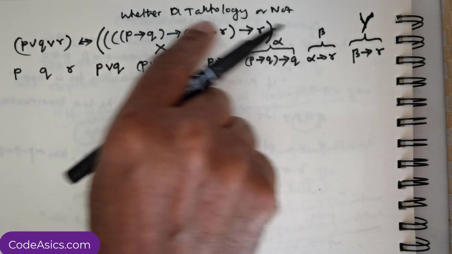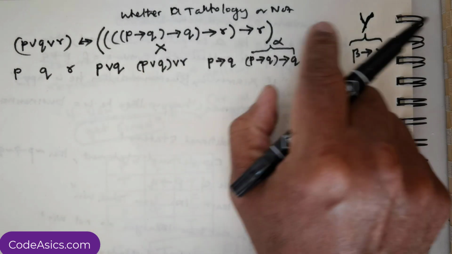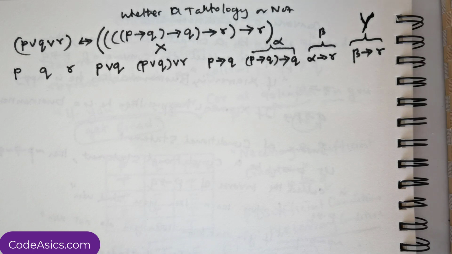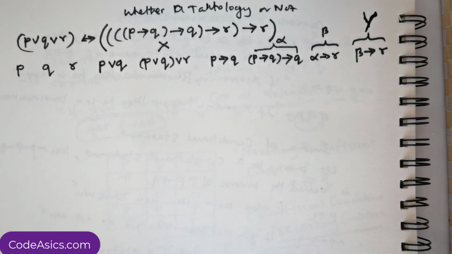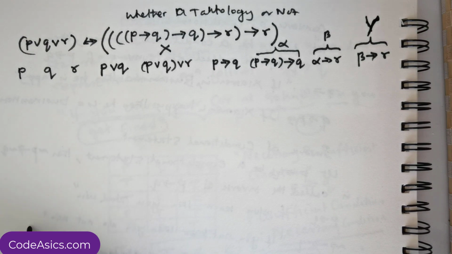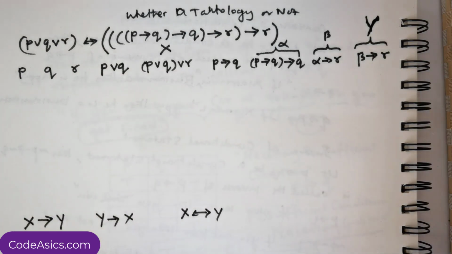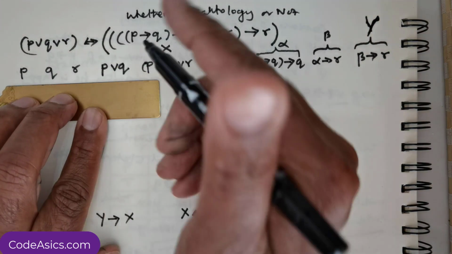So if we want to check this biconditional, we will have to check X conditional Y and then Y conditional X, and then perform a conjunction. So what I will do is I will just write over here, I will follow this because the space is too limited. I will perform X conditional Y and then Y conditional X, and then this is going to be X biconditional Y. So I will draw the table.